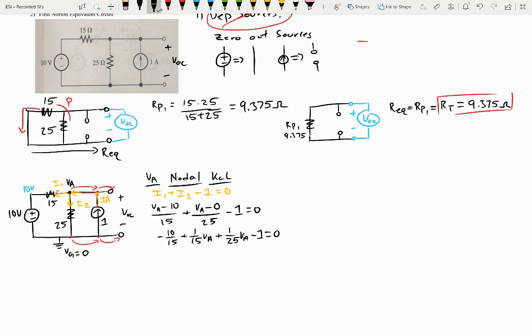Okay, so now what I'm going to do is come up here and combine my known constants, and then I'll combine my unknowns. So here, V of A will be 1 over 15 plus 1 over 25.